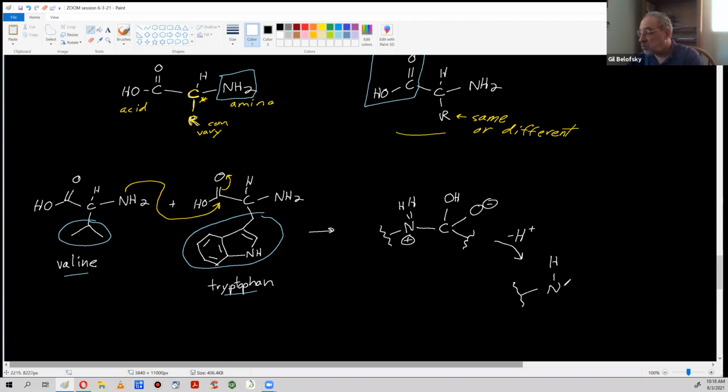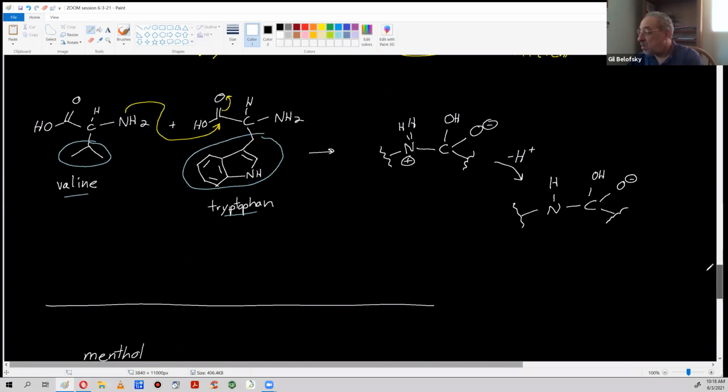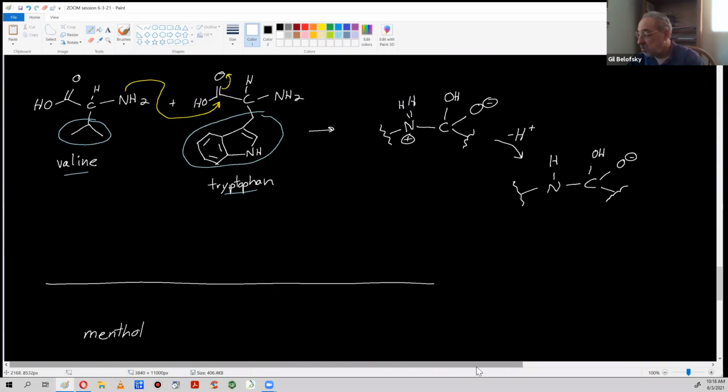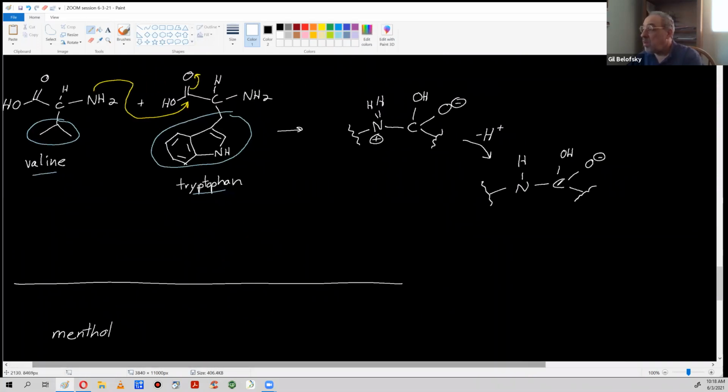And so nitrogen is neutral once again. C, OH, which is going to be our leaving group, O minus, connected. And then this comes down, forms the carbonyl, kicks that off.